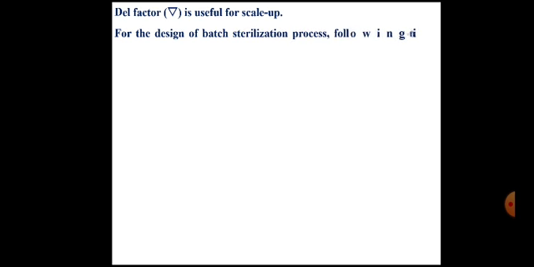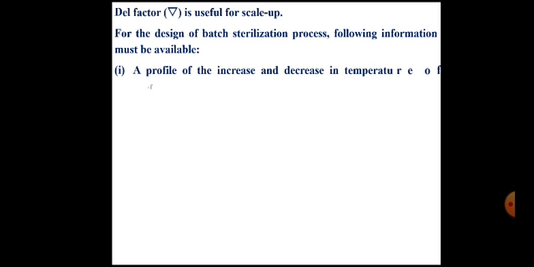How exactly is the Del factor useful in the scale up of sterilization, because we have seen that Del factor is a sterilization criterion. For the design of batch sterilization process, the following information must be available, as we have learned in the earlier lectures. Let me revise it once again.